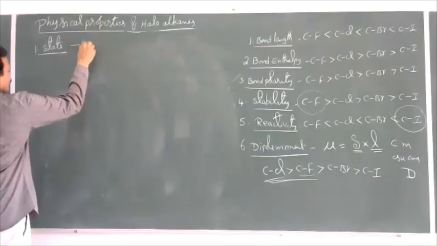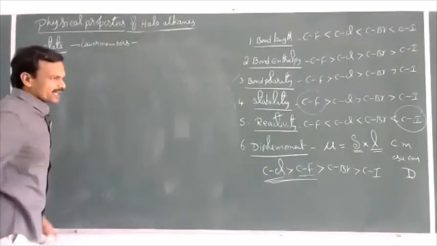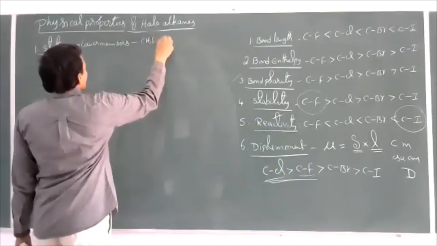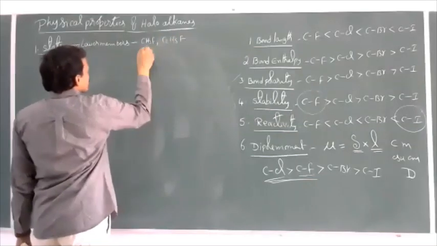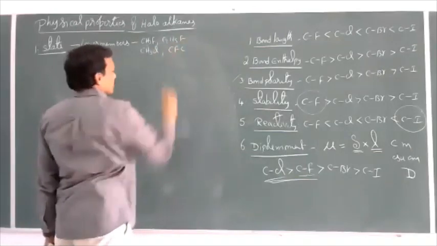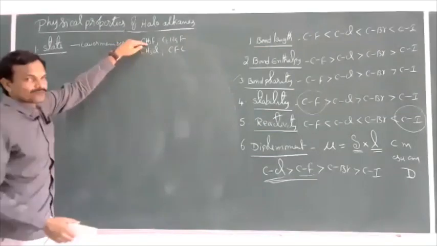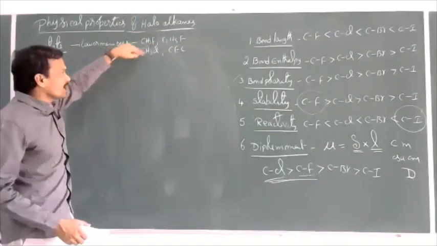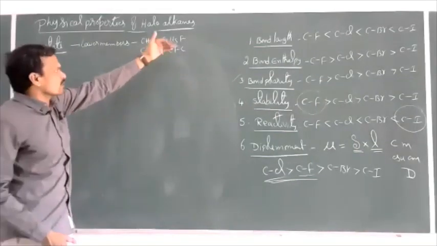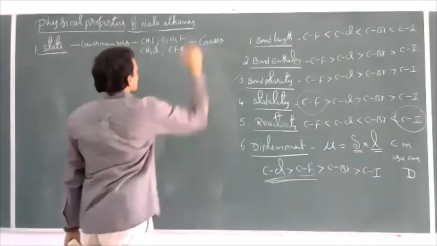If you take lower members like CH3F or C2H5F, CH3Cl, and chlorofluorocarbons, lower haloalkanes like methyl fluoride, ethyl fluoride, methyl chloride, and some chlorofluorocarbons or some fluoroalkanes, these are gases.